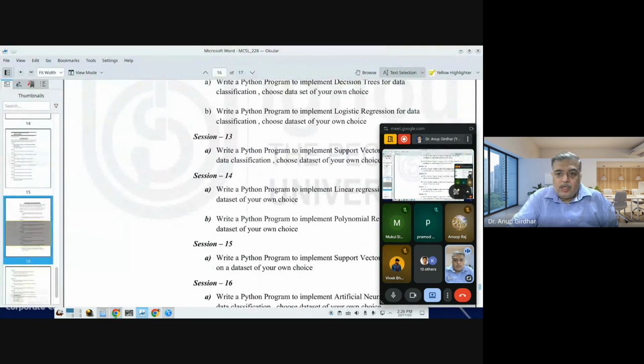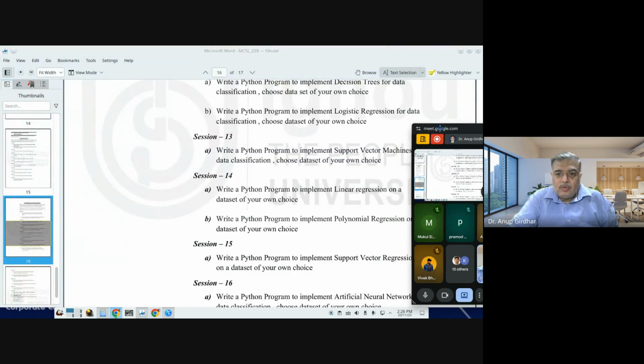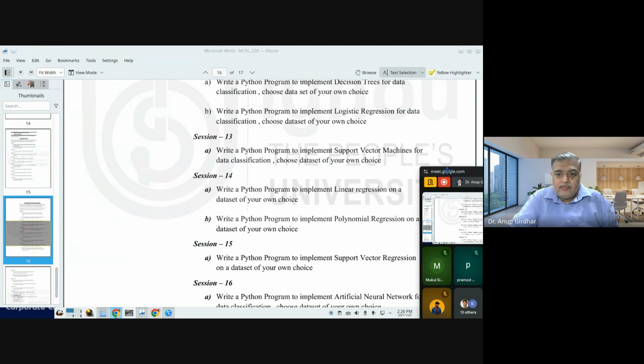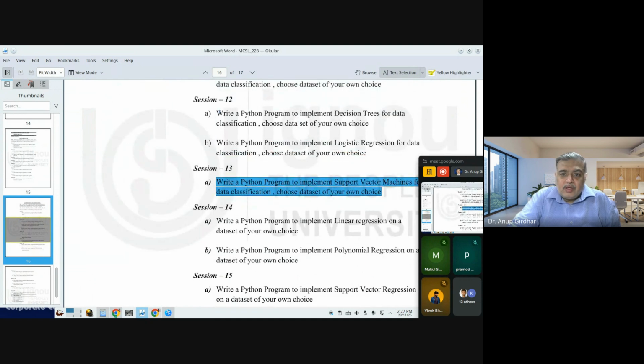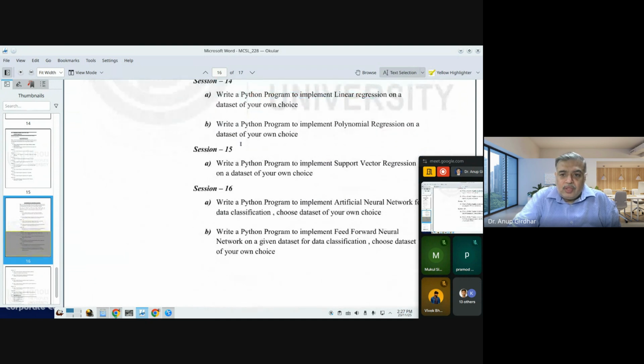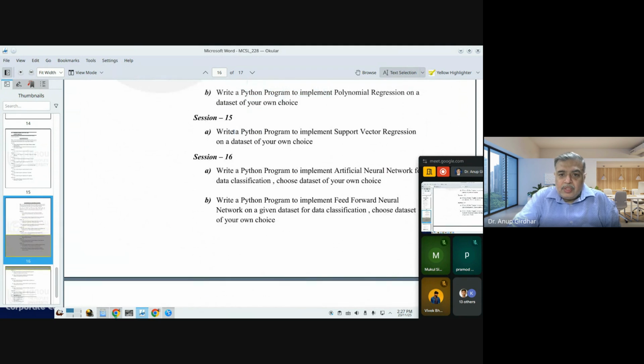So try to work on SVM also, which is a good and very important part. So you can select your own data set and try to implement like this. So I think this is what we are through with this.